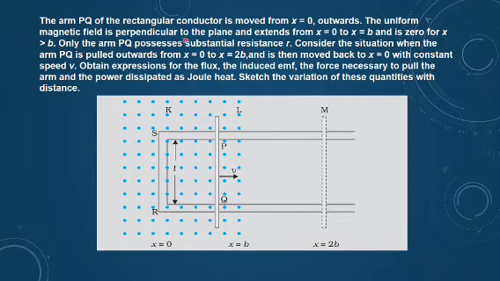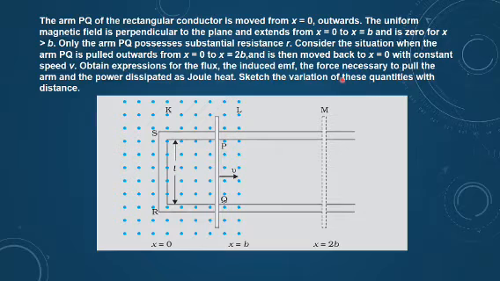The uniform magnetic field is perpendicular to the plane and extends from x equals 0 to x equals b. Up to point B the magnetic field is there, and in this space you can see no magnetic field is there.